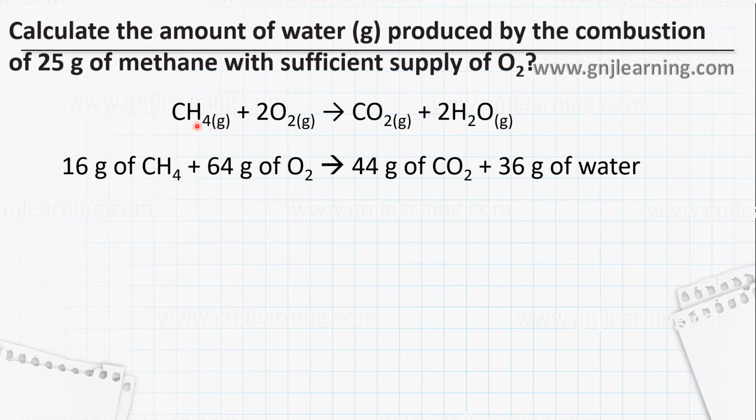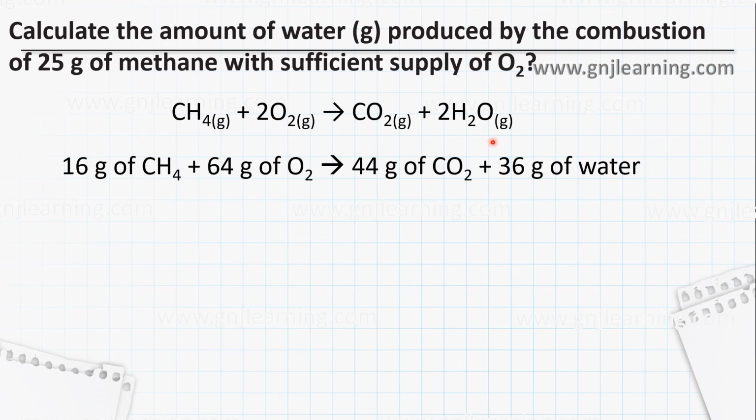So using the balanced equation, I can equate the things like this. Clear? Now if I am using 16 grams, how much water will I get? I will get 36 grams. If I am using 16 grams of methane, I will get 36 gram of water.